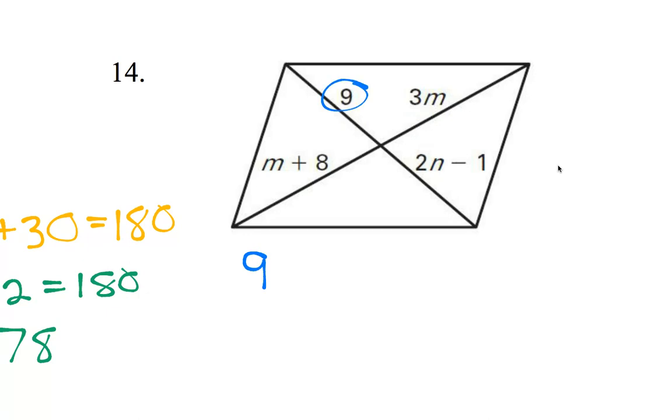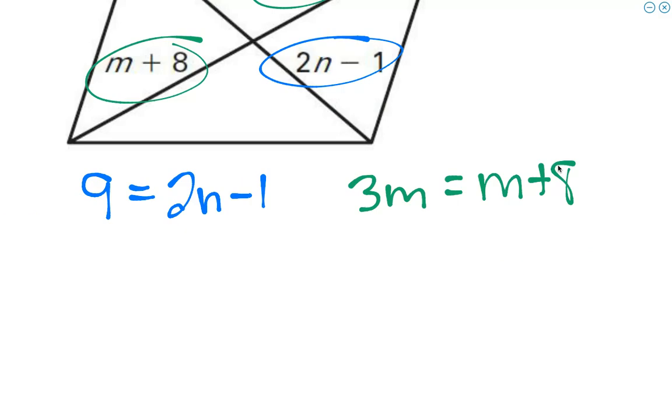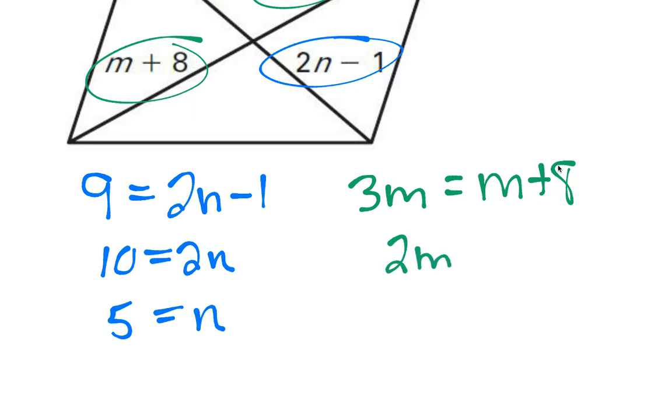So 9 is going to equal 2n minus 1. 3m is going to equal m plus 8. 10 equals 2n. n equals 5. On the other side, we have 2m equals 8. So m equals 4.